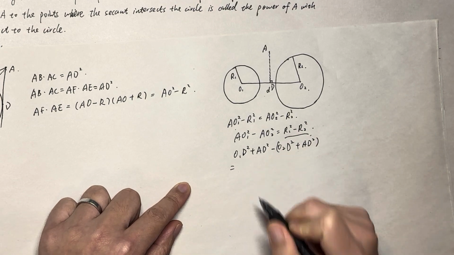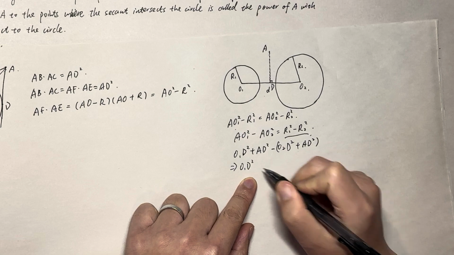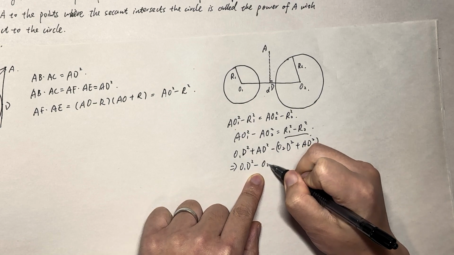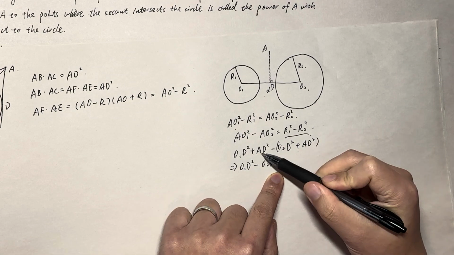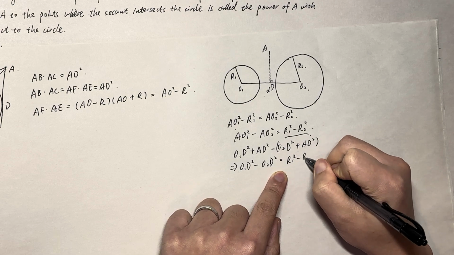So we got O1D squared minus O2D squared, AD squared cancelled, equals R1 squared minus R2 squared.